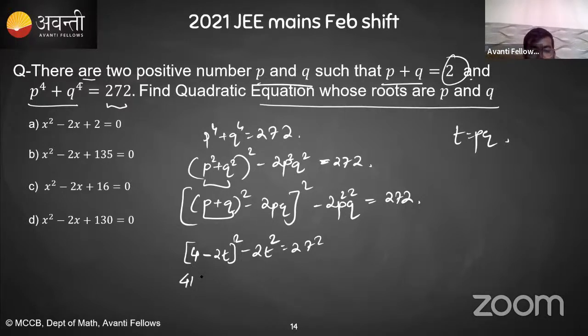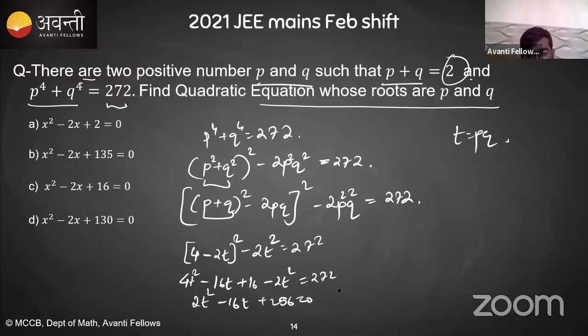So this will become 4t square minus 16t plus 16 plus 16 minus 2t square equals 272. So this will become 2t square minus 16t plus 256 equals 0.